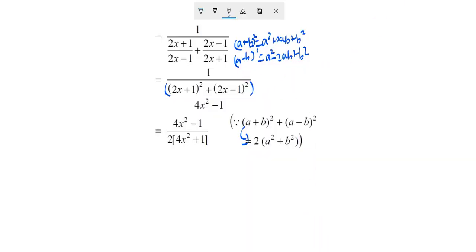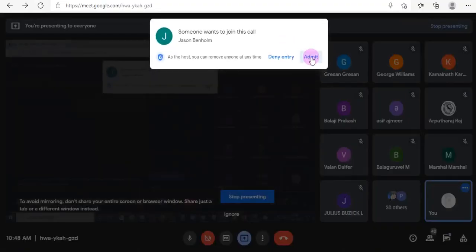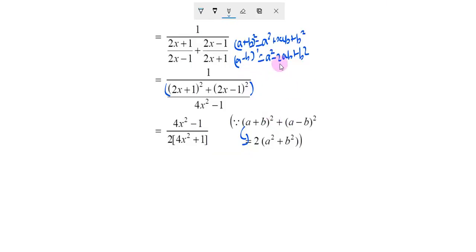So when we add, 2ab cancelled. So 2 times a square plus 2 times b square. So take 2 outside. So 2 into a square plus b square. So that we get 2 into a square plus b square. Understood?